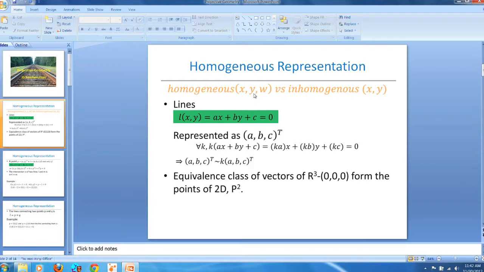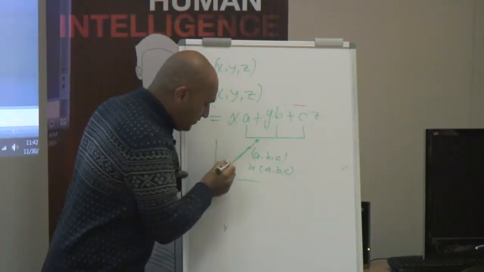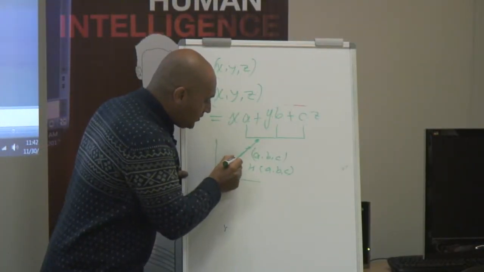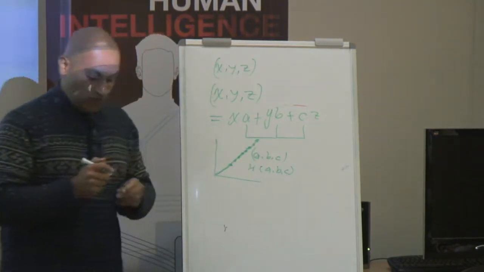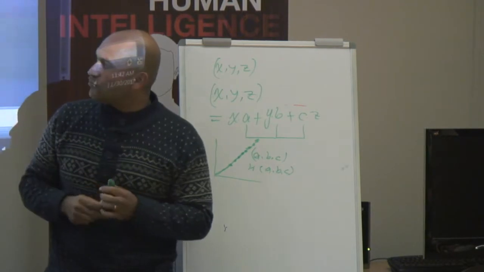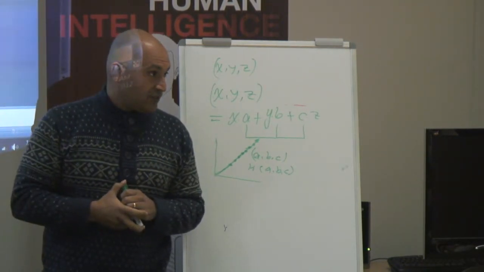Any point along this vector is similar but not the same, and these are equivalent in projective geometry.